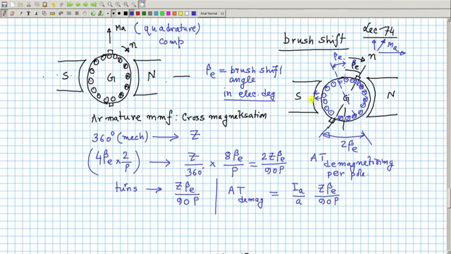And these ampere turns will be dropped in these 2 air gaps. So, per pole it will be half of this. So, this will be Ia Z beta E by 180 A P. This will be the thing.